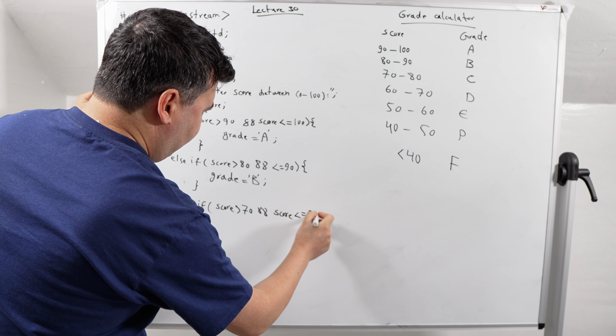So I open the curly braces here and then close the curly braces for this if block, and I say grade is equal to C. If the score is between 70 and 80, the grade becomes C, and semicolon.